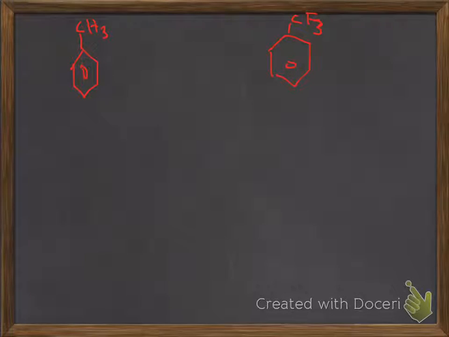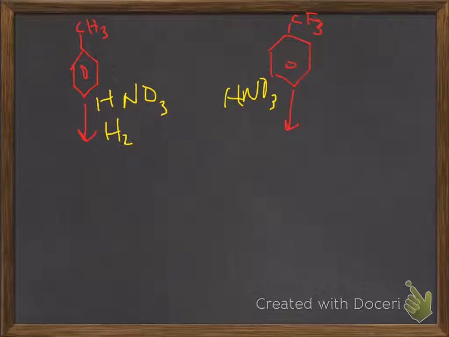Now, on both of these, we're going to do a nitration reaction. So if you remember from the last class, for nitration reactions, what were the conditions here? Well, for nitration, obviously we're going to be using nitric acid. And we do not add a lot of heat, because otherwise we'll use sulfonation. But the other reaction condition is that it required sulfuric acid.